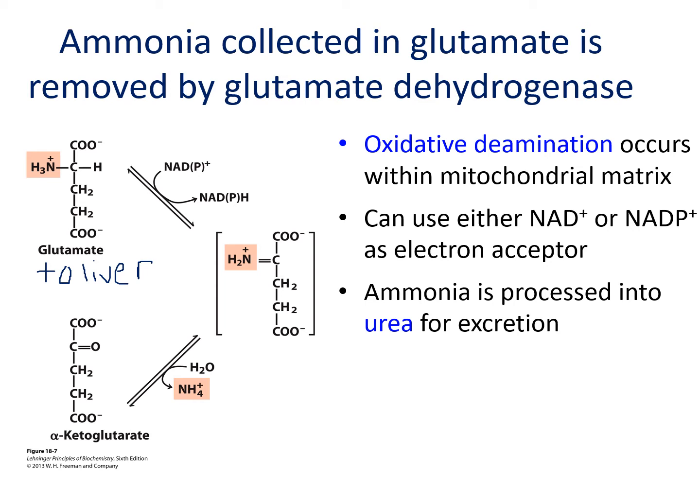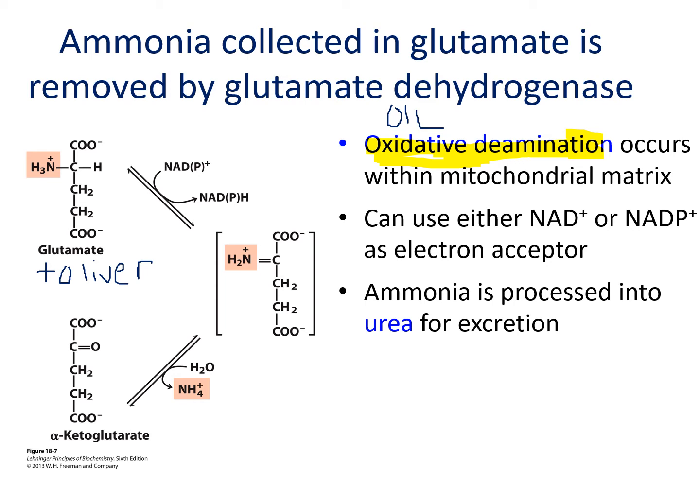And then we're going to perform an oxidative deamination, and that occurs in the mitochondrial matrix of the liver cells. All right, so if we have an oxidative deamination, we remember that oxidation is loss. So I'm going to lose some electrons. Who am I going to give those electrons to?